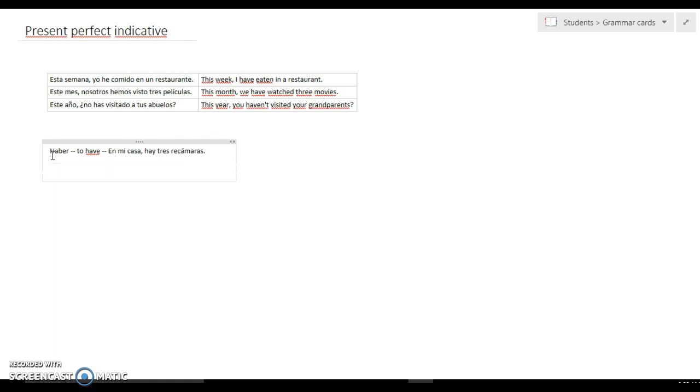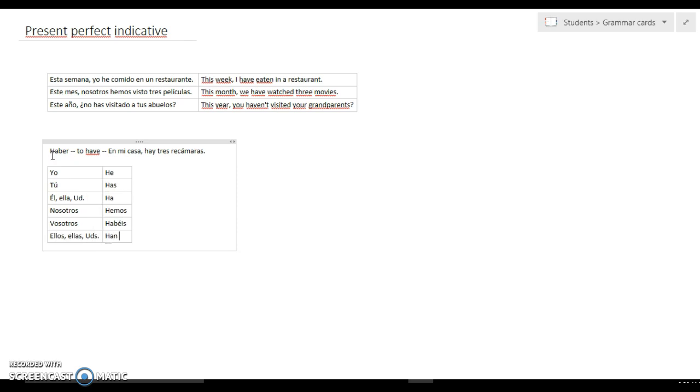So haber is going to be the auxiliary verb that is the first part of this compound verb. So we'll talk about the conjugations. Yo, the conjugation for haber is going to be he, tú, has, él o ella o usted, ha, nosotros hemos, vosotros, you won't be quizzed on it, but it's good to know in case you go to Spain, habéis, and ellos, ellas, and ustedes, han.